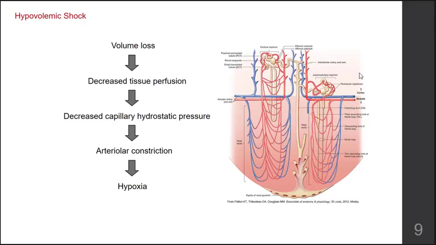On the right of your screen, you can see a couple of different nephrons, the functional units of the kidney. You might recall that blood will enter the kidney through the renal artery, and then it will enter the renal corpuscle through the afferent arteriole. This is where initial glomerular filtration occurs, and then the filtrate moves through the tubular system.